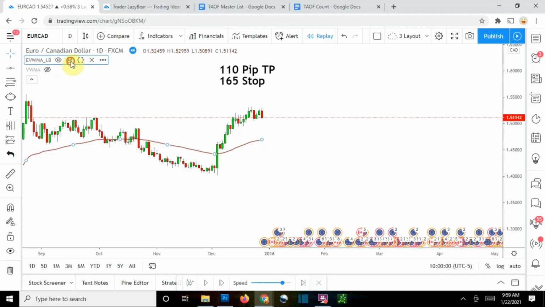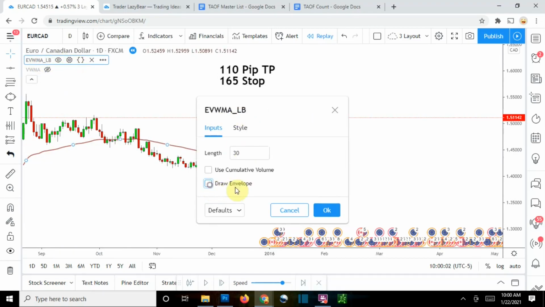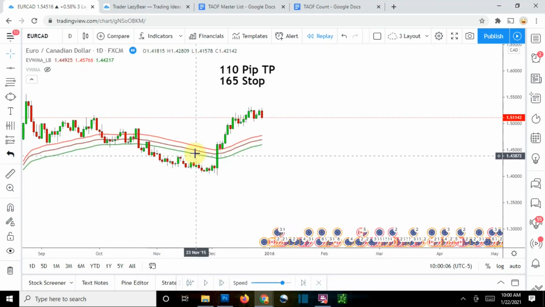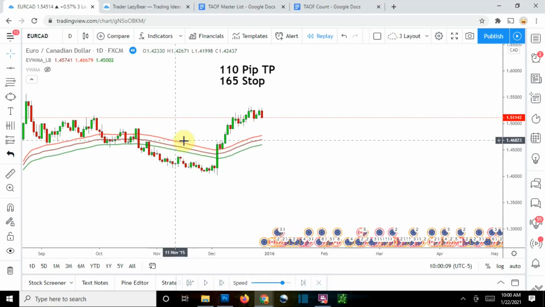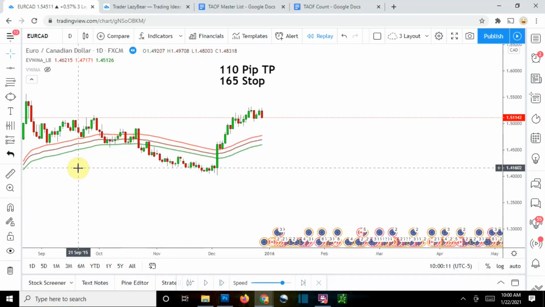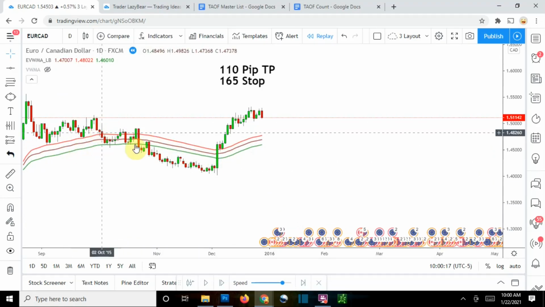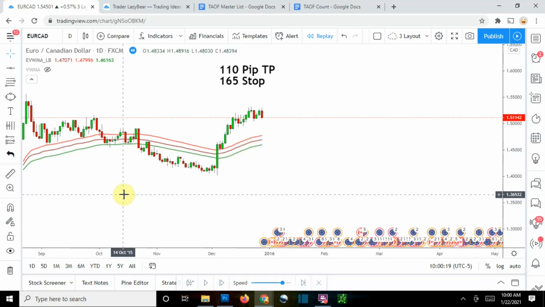Basically, what I wanted to do was test it. You go into the settings and turn on draw envelope, and what it does is mirror a couple of other moving averages, one above and one below, and it creates an envelope or kind of a channel to trade.